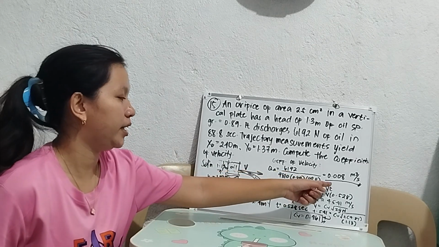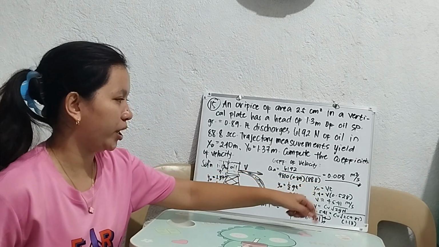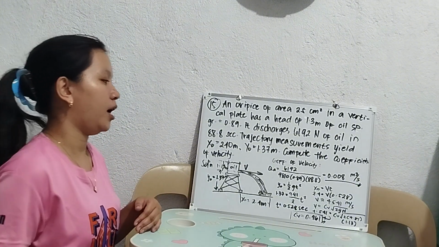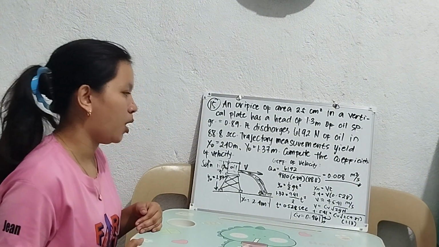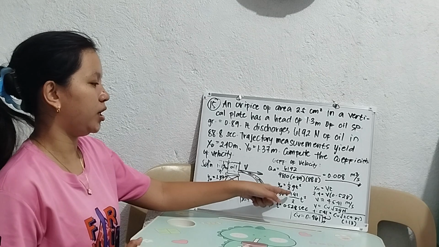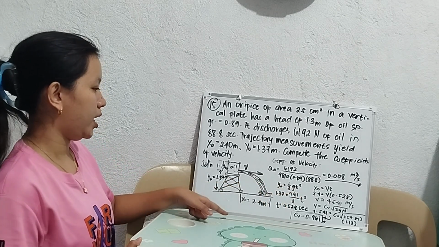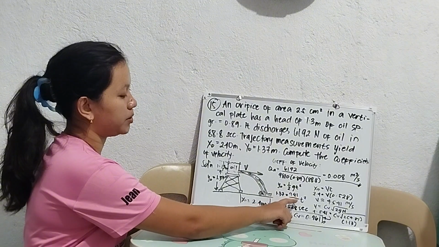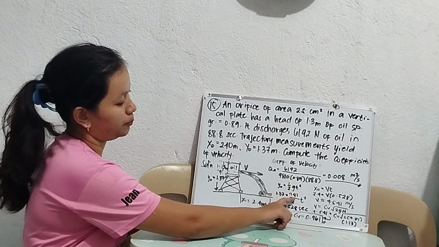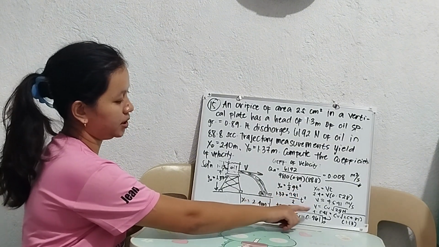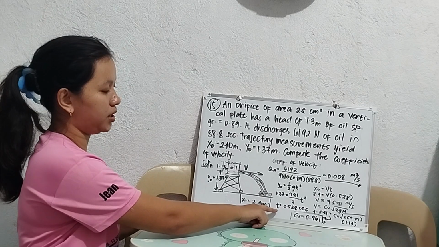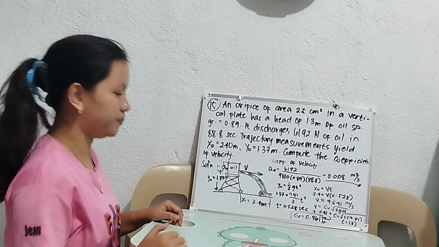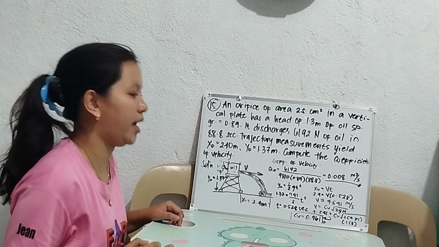So we have the answer of 0.008 cubic meter per second. And then another formula for Y is Y equals 1/2 g t squared, so 1.37 equals 9.81 over 2 times t squared. So the answer for t is 0.528 seconds.